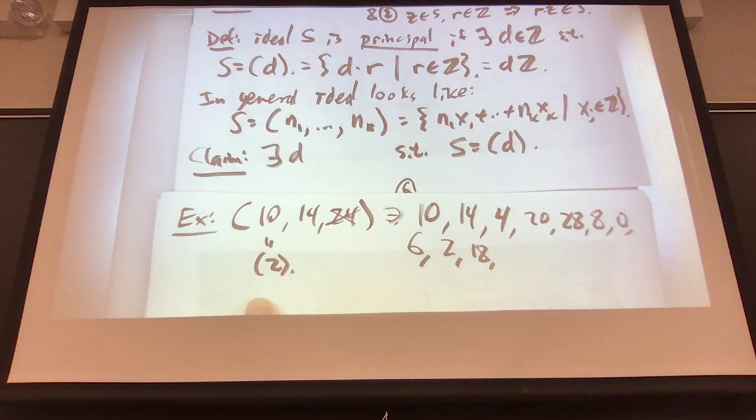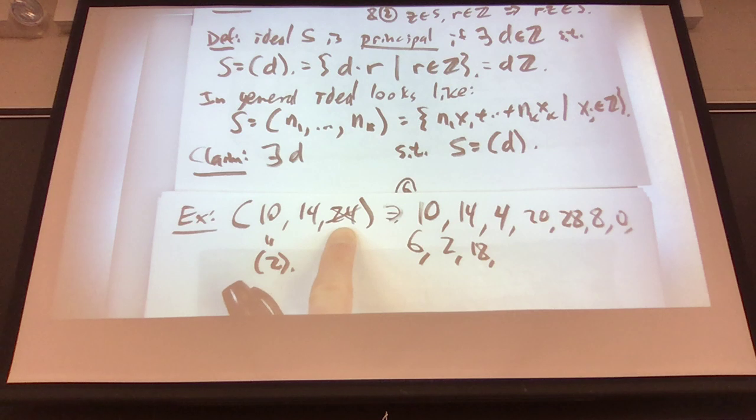Does that make sense? By the way, what is 2? The GCD of 2 times 5 and 2 times 7, and 8 is 2 times 2 times 2 times 3. The GCD of these 3 numbers is 2.